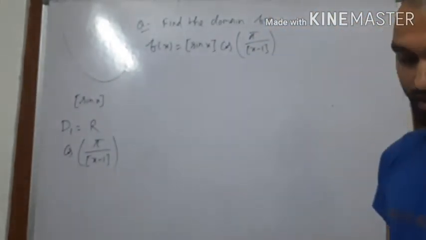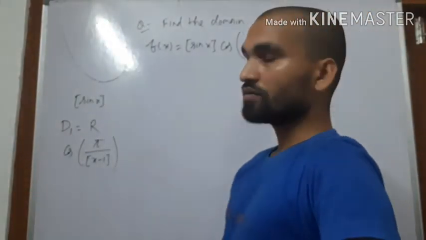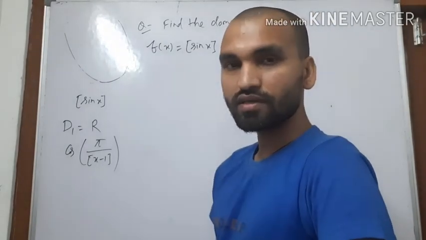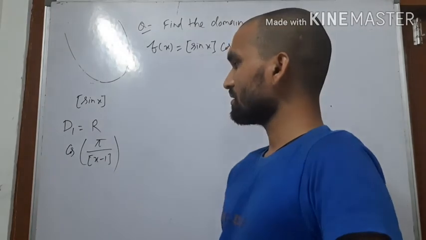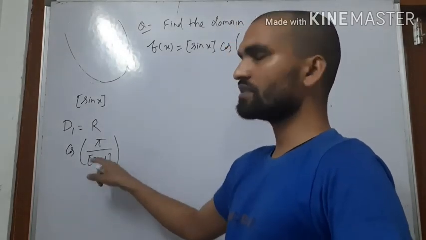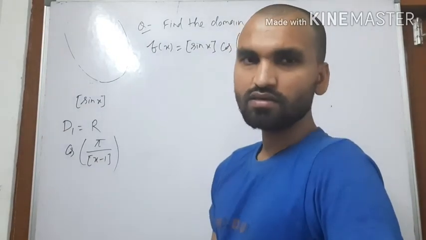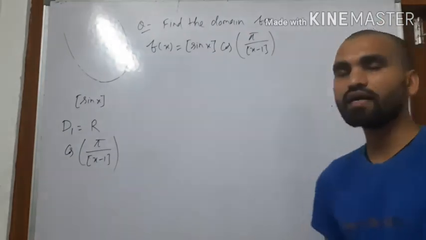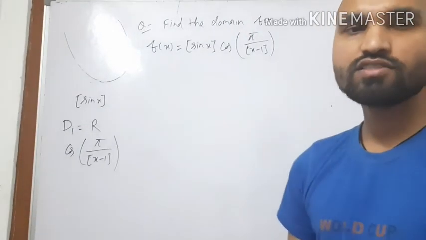We have here cos x. We know that the domain of cos x is all real numbers, but this is a function in which x is going in the denominator, so the denominator cannot be 0.